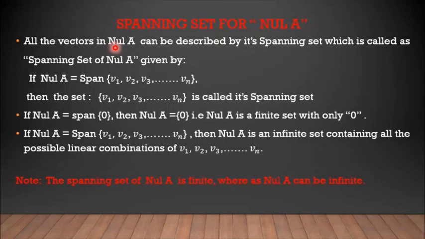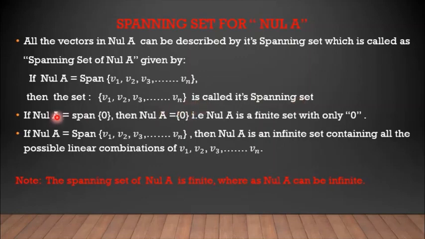But what are all the vectors in null A? They can be described by a spanning set. That is, if null A is equal to, suppose, the span of the set containing v1, v2, v3 and so on up to vn, then the set containing v1, v2, v3 and so on up to vn is called its spanning set.